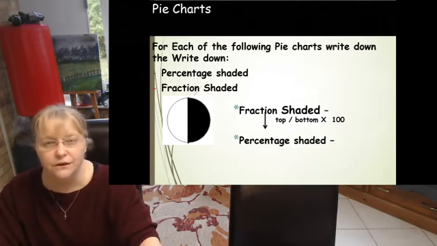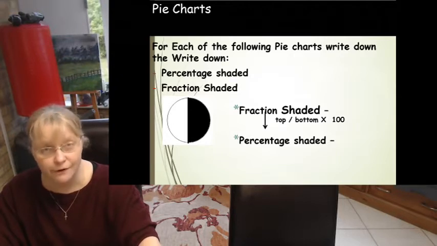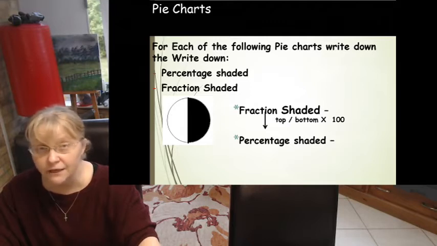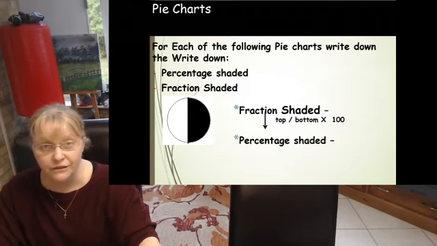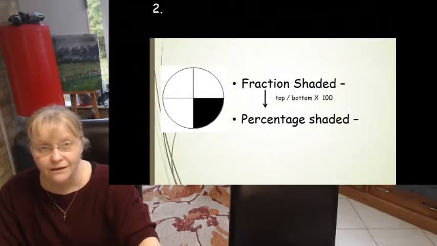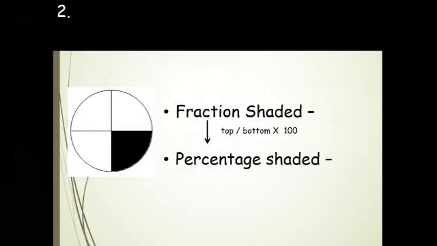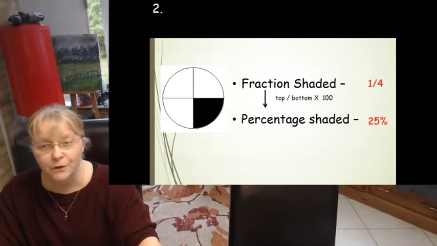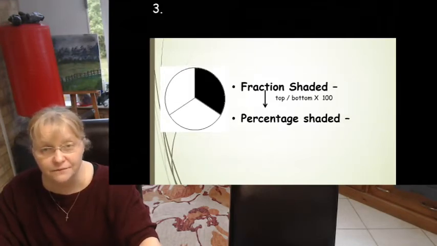So for each of the following pie charts, write down the percentage shaded and the fraction shaded. So the percentage shaded in that is 50% because it's half of it, and so the fraction is a half. Write down the answers now. And you'll find it'll be a quarter and 25%.